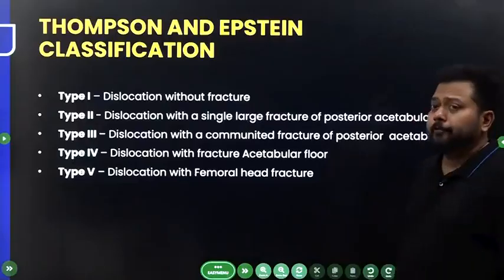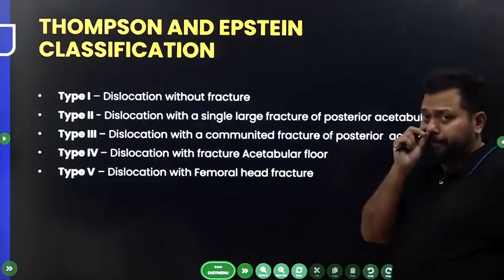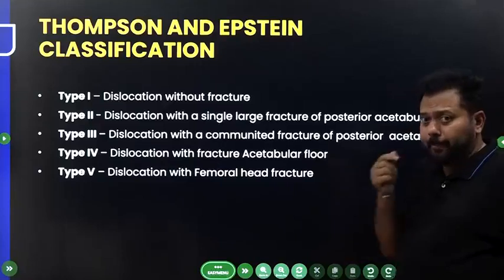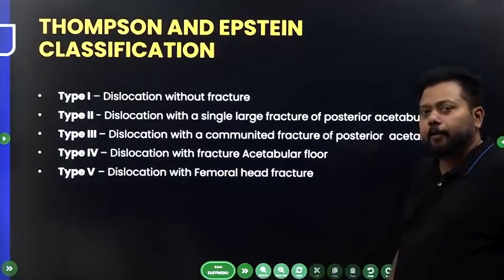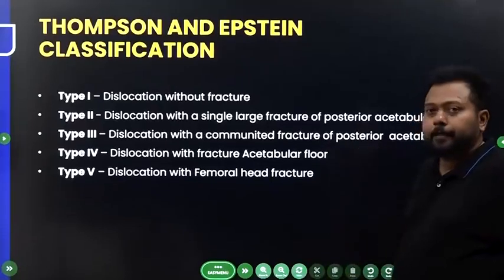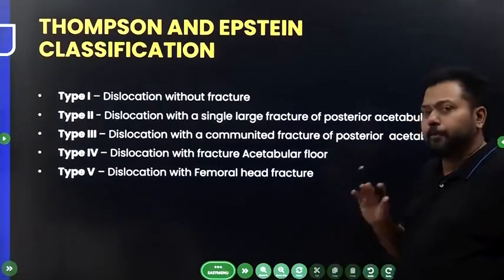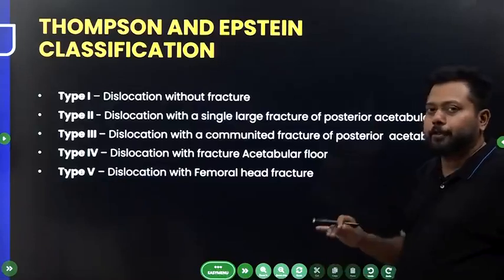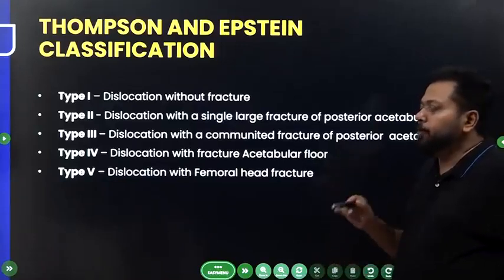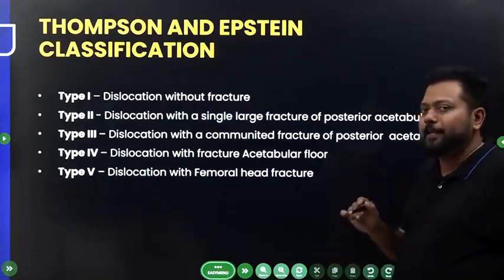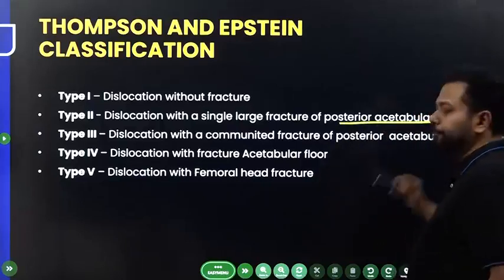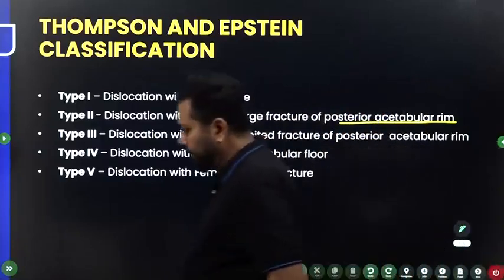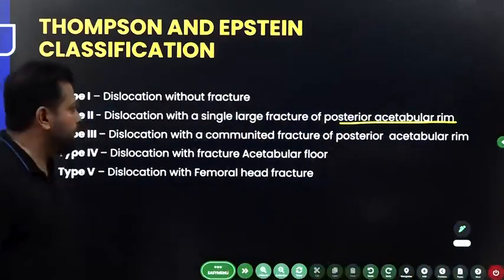The classification for posterior dislocation hip is called Thompson and Epstein. I have been expecting this question for the past 2 years, because all other classifications they have asked. Type 1: dislocation without fracture, pure posterior dislocation hip. Type 2: posterior dislocation hip with a single chip fracture of the posterior acetabular rim.